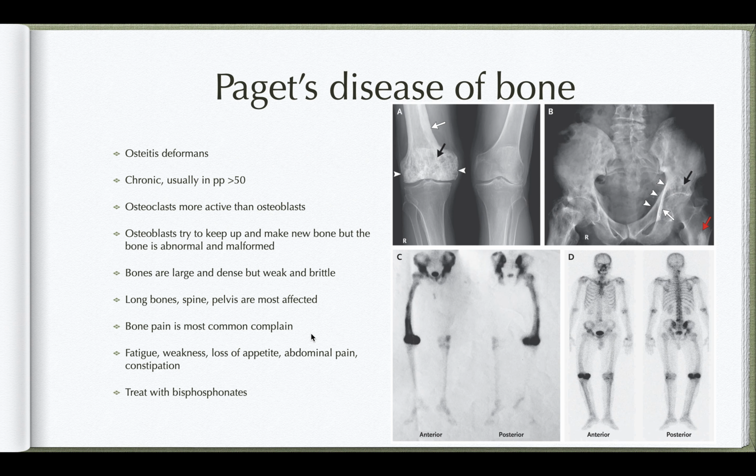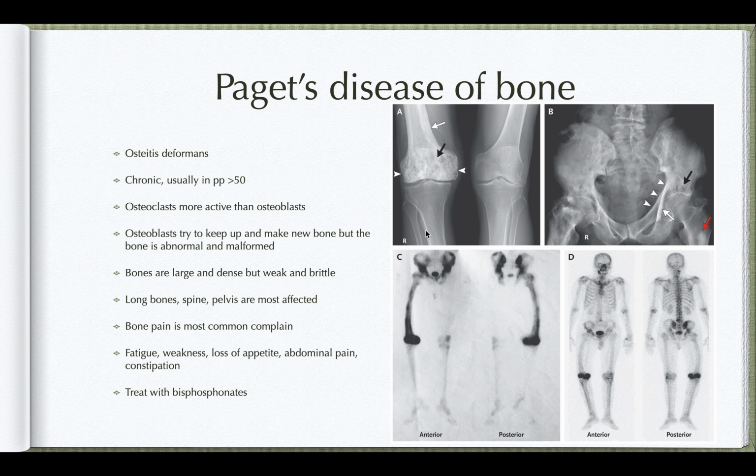Okay, so Paget's disease of the bone is also known as osteitis deformans. It's chronic and usually manifests in people over the age of 50. This is when the osteoclasts are more active than the osteoblasts. So the osteoblasts will try to keep up, but the bone is going to be abnormal and malformed.